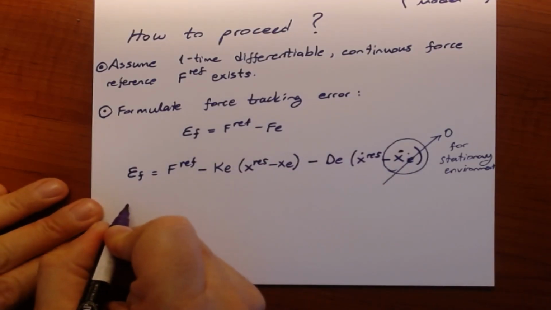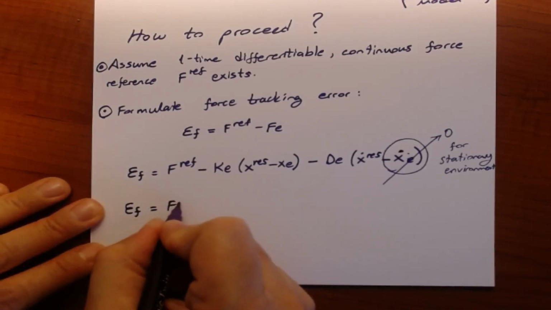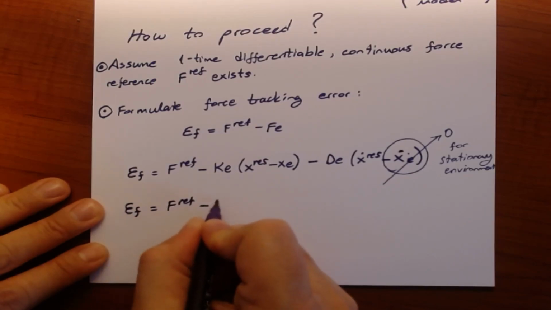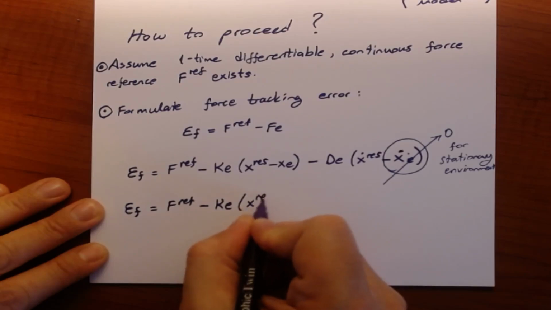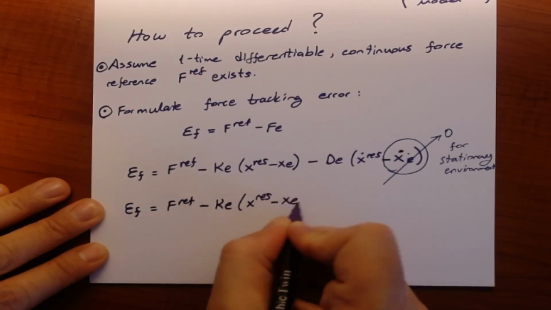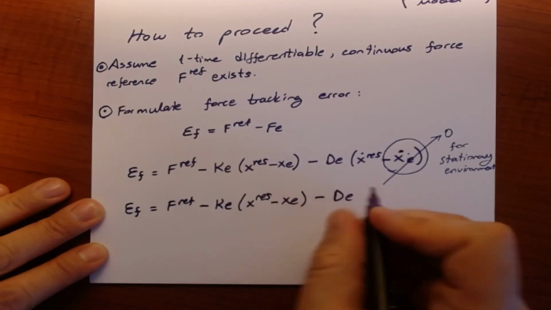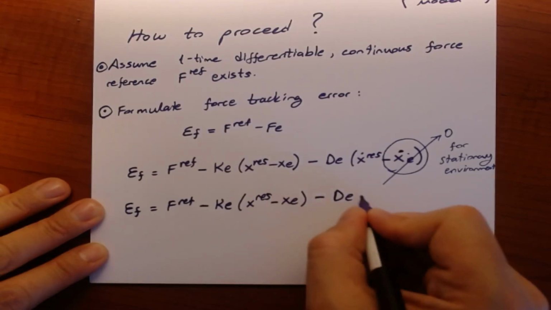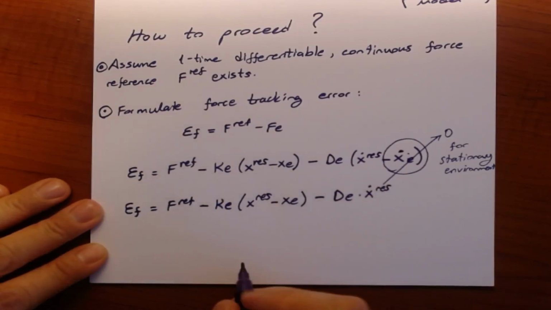Then our force error can be recast as the force reference minus the spring constant times x response minus x environment minus the damping constant, damping of the environment, times x dot response simply.